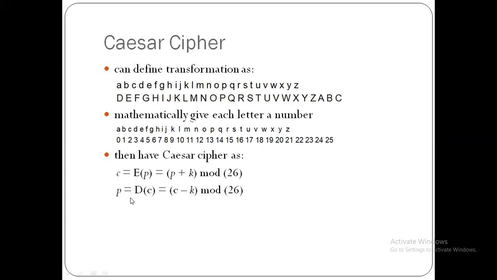Similarly, for plain text, we just subtract the key from the ciphertext position and then find the mod with respect to 26. We'll get the plain text. That way we will deal with these formulas whenever ciphers are concerned. So I hope this is clear to everyone.